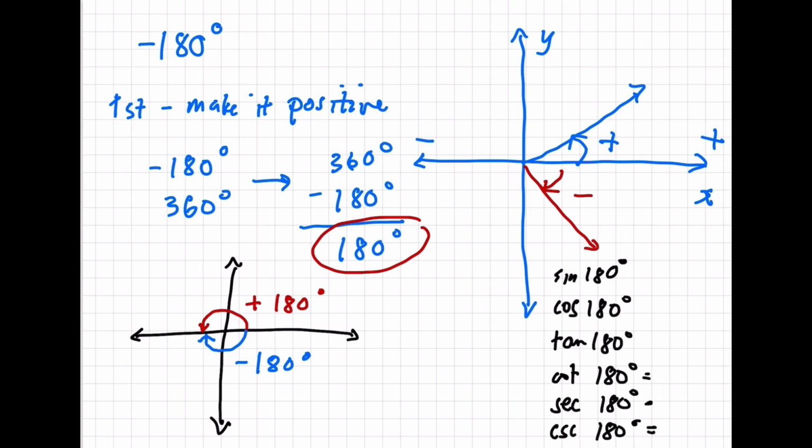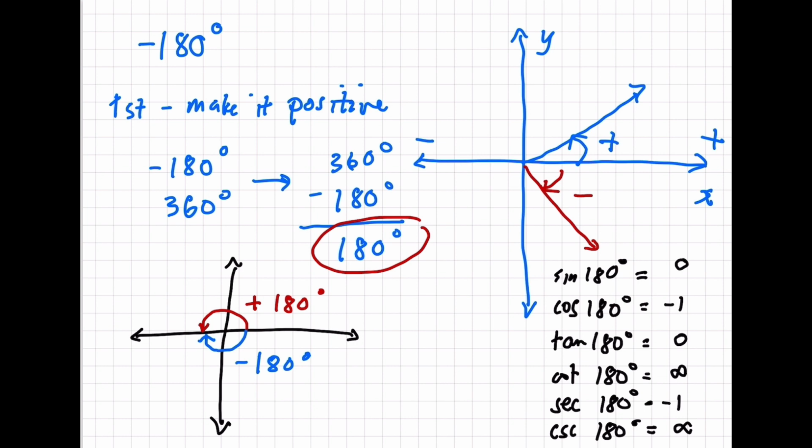Remember, from our last topic, the opposite of 180 degrees is 0 degree. So we're just going to use the values for the 0 degree angle. But instead of a positive value, we're going to make all the positive ones negative. So there you go. You already have the 6 trigonometric functions for negative 180 degrees.